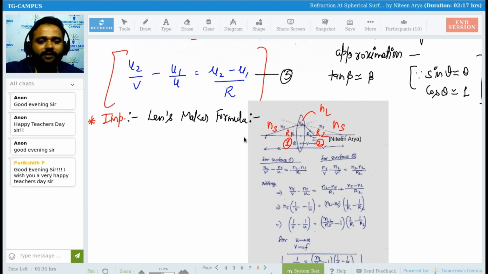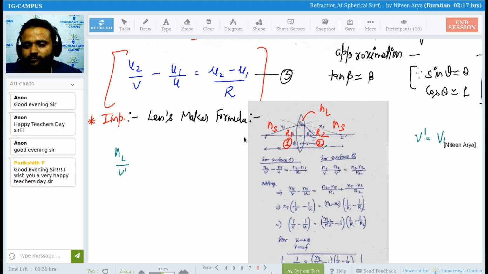From equation 5, I can write this relation again: NL upon V prime, because V prime is the virtual object for this second surface.